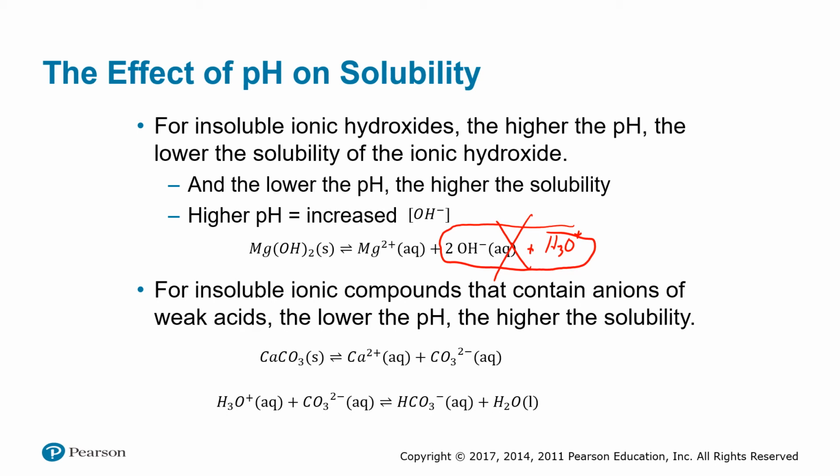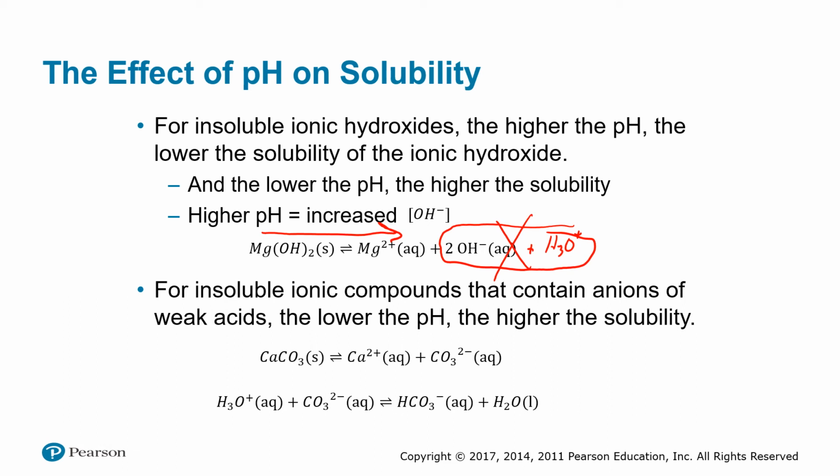Le Chatelier's principle states that if you remove product, the reaction shifts to the right. So with these hydroxides, you want a whole lot of hydroniums around, meaning a really low pH, because that will increase the solubility. As the hydroxides are formed, they're being removed from the reaction by the acid, and so the solubility goes up.